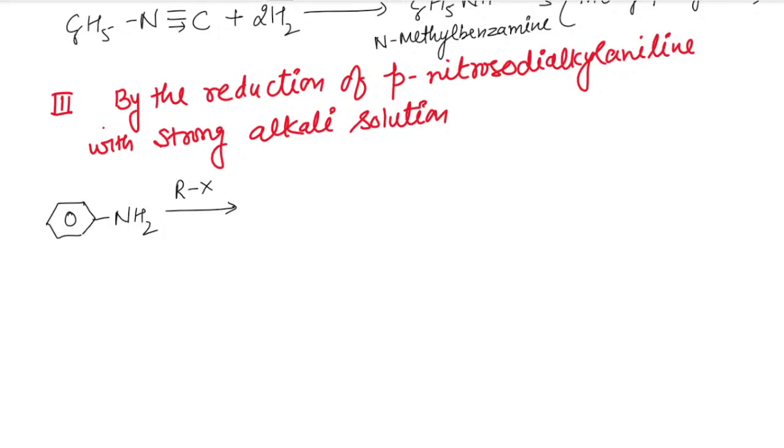So when alkyl halide reacts with aniline, hydrogens are removed by the alkyl group, and at the same time both the hydrogens are attached to X and 2HX is removed. So we get N-dialkyl aniline.